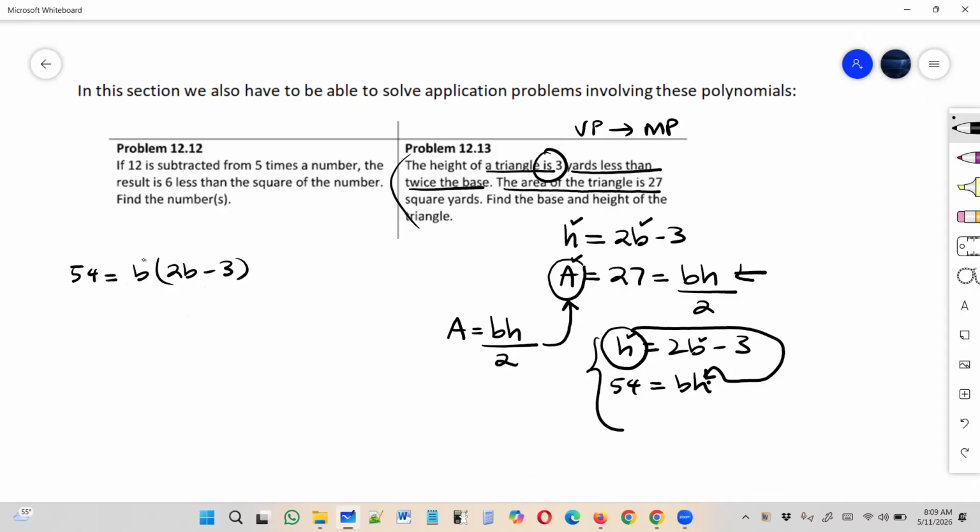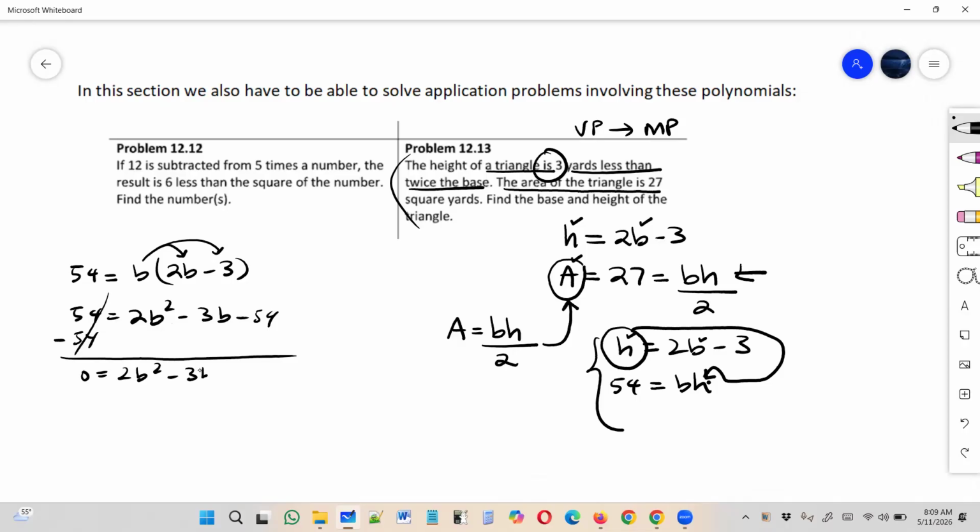Now you can solve this equation. I'm going to distribute the b. 2b squared minus 3b, and it looks like a quadratic. So now I'm going to do minus 54 on both sides. I get 0 here. I got 2b squared minus 3b minus 54.